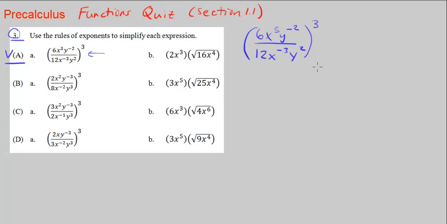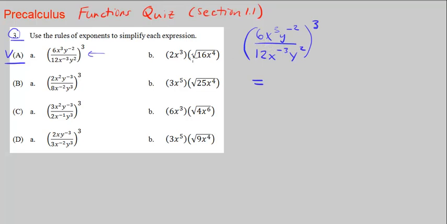Okay, so what do the properties of exponents allow us to do? Well, we have this expression in parentheses, so this cubed can move to every single term in our expression, right? Or we can start by simplifying first, and that will make things much easier.